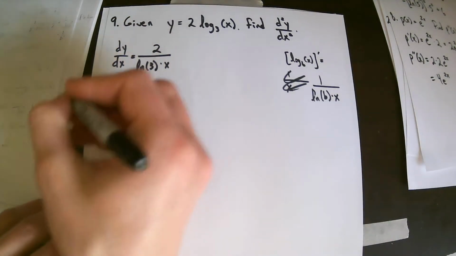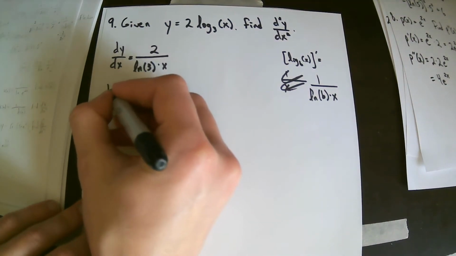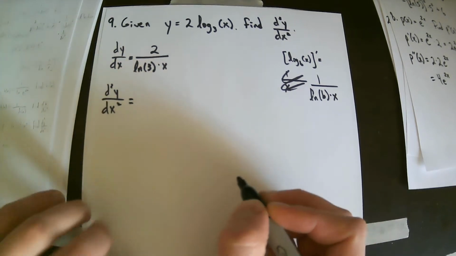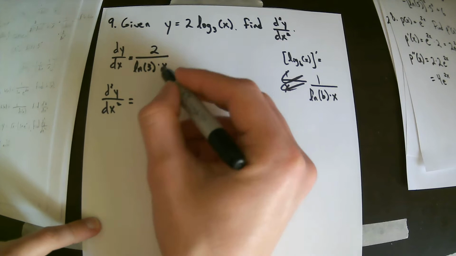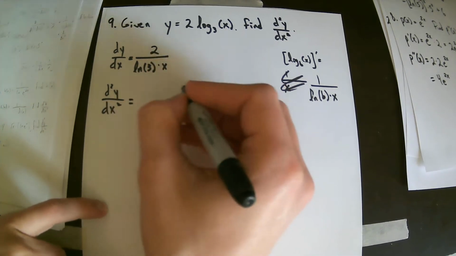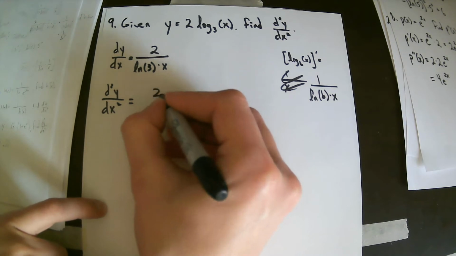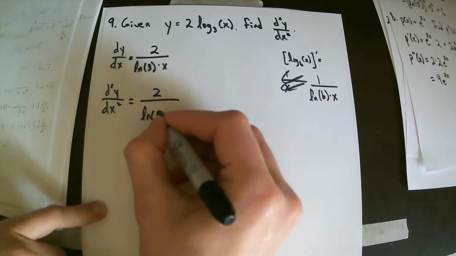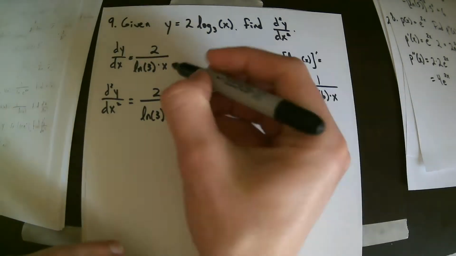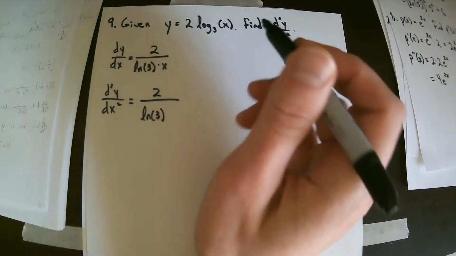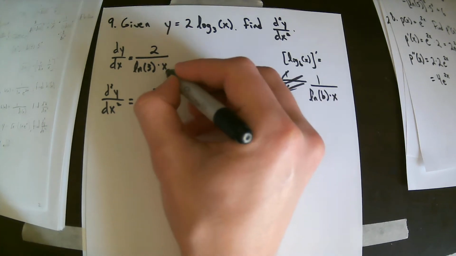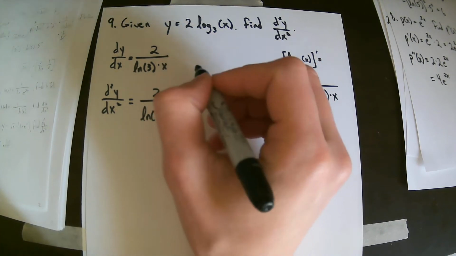Okay, second derivative. d squared y over dx squared. Okay, so now I need the derivative of this. Now, I need to keep in mind that 2 and ln of 3 are just numbers. They're just going to get carried along. In fact, I could even go ahead and write them down. They're just constants. x is the thing that I'm actually taking a derivative of, and it's 1 over x here, right? This is x to the negative 1.